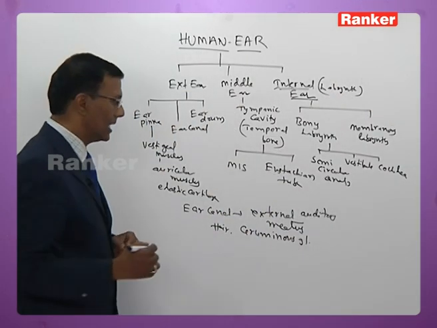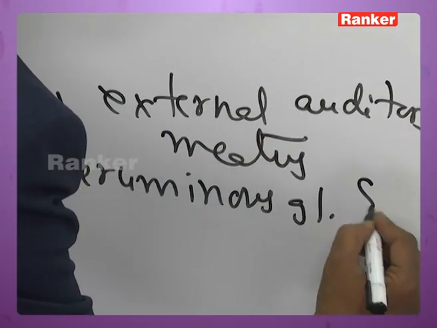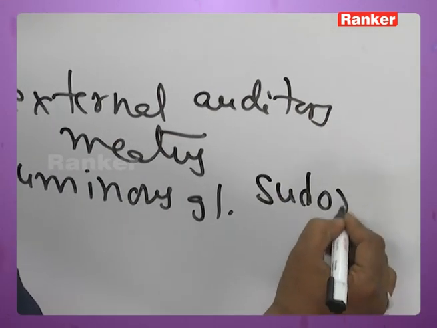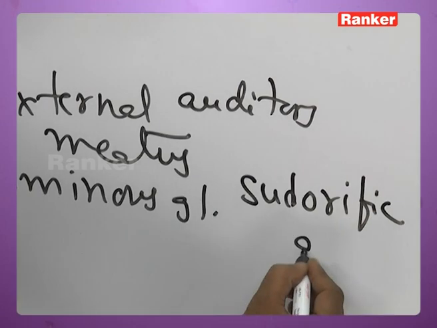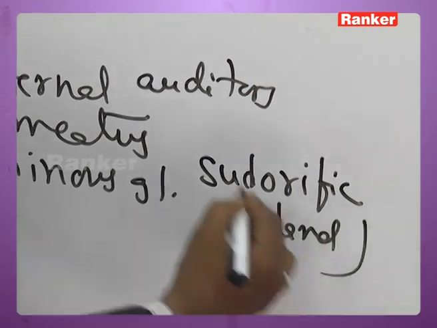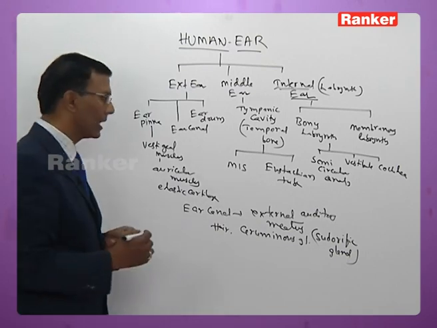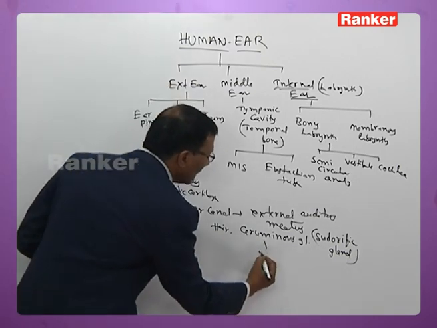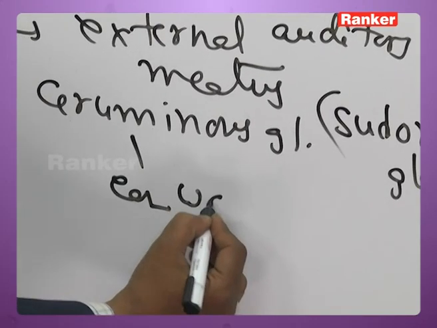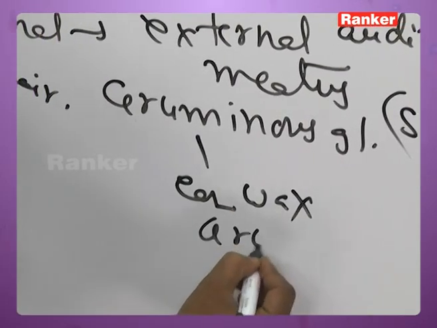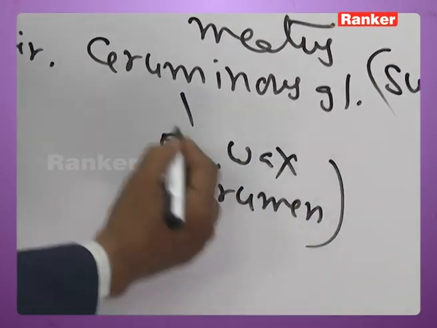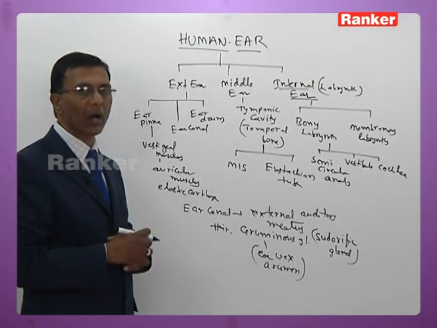Ceruminous glands are modified sweat or sudorific glands, and they secrete earwax or cerumen.